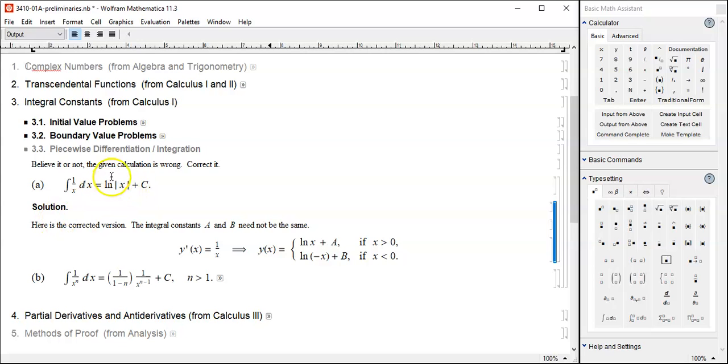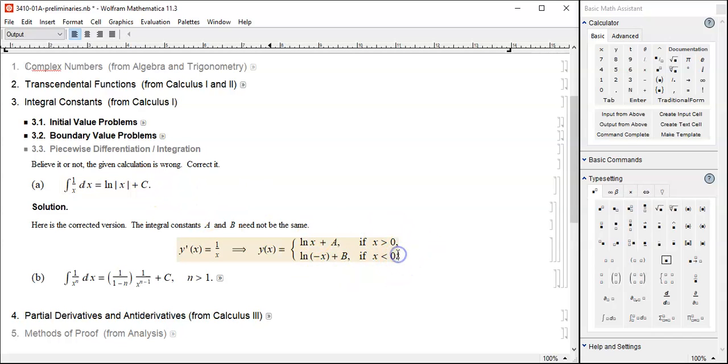Because log of 0 is undefined, we have a singularity. So greater than 0 and less than 0, they are completely separate. So we don't always have the same constant. Log of x plus a and log of negative x plus b, where a and b are different instead of just c.